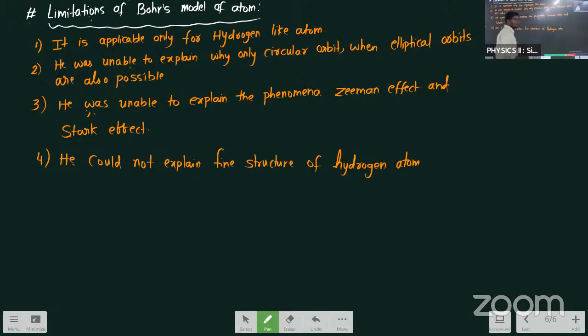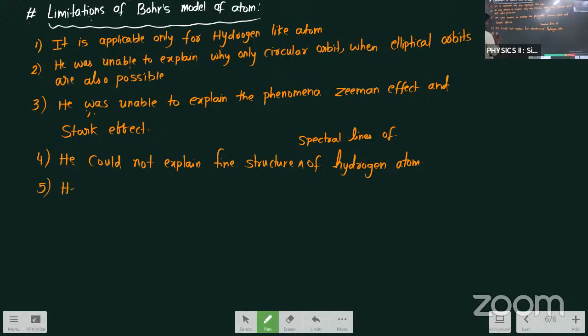He was unable to explain the fine structure of hydrogen atom. This is the fourth limitation: fine structure of spectral lines of hydrogen atom. So next, if you want, you can write only 4. If you want, you can write one more extra thing.